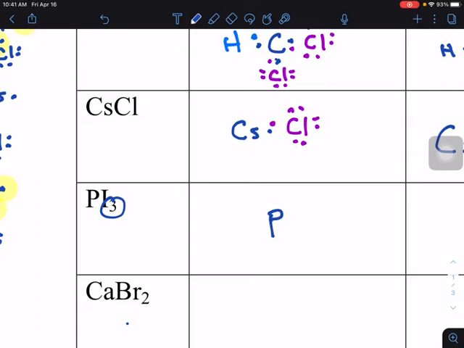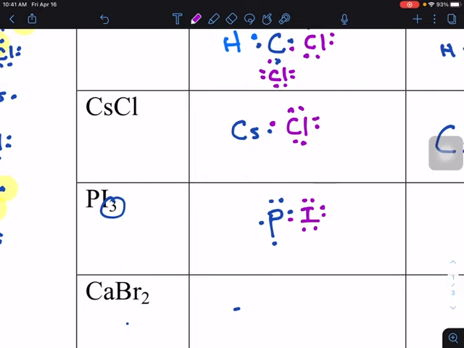Phosphorus, okay, and it has its 1, 2, 3, 4, 5 valence electrons, 5 dots, and then we're going to fill this out with iodine. Okay, the iodine has 1 that's being shared with phosphorus, 2, 3, 4, 5, 6, 7, because it's a group 17.